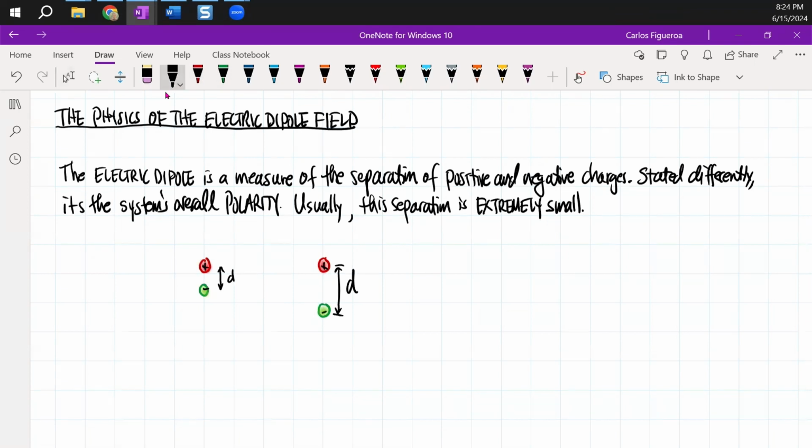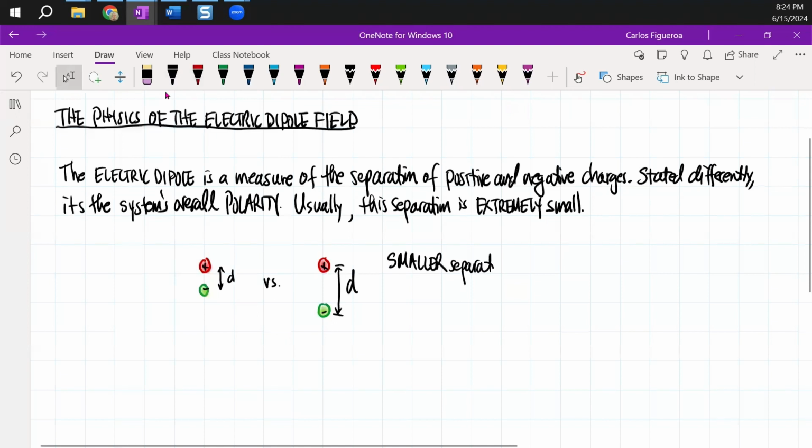If we compare them, a smaller separation leads to a smaller dipole value. If I have a larger separation, then that leads to a larger dipole value.